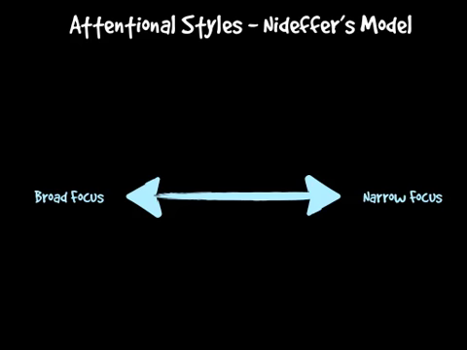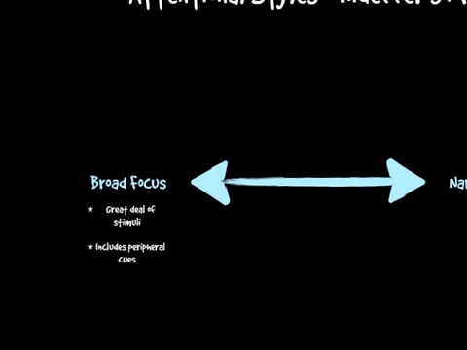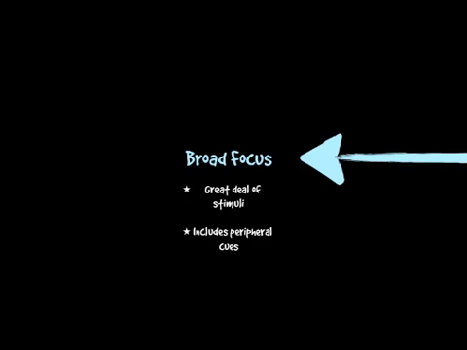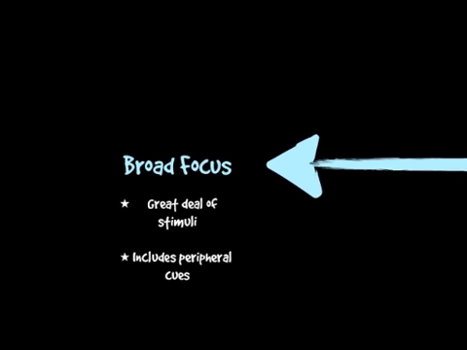What this implies is that if we're looking at broad focus, so let's say we're playing a game, should we focus our attention or our concentration on a great deal of stimuli, so lots of things, and would we therefore include peripheral cues, which means things on the outside of us, so external forces if you like?